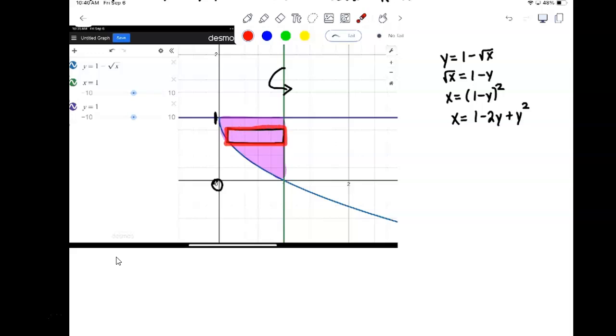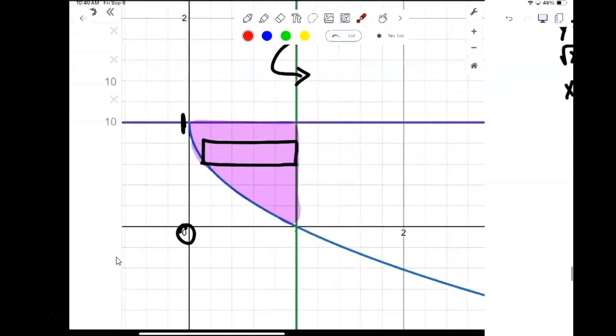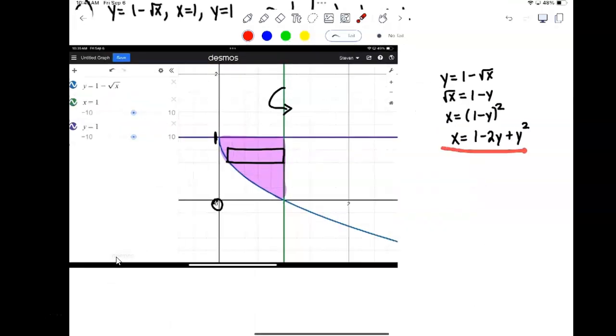Because it's just this radial length, the distance between x equals 1 and the graph, that would just be the difference between 1 and whatever our x value is. That would give us our radius. Now we know x is given by this. So the radius is just going to be 1 minus x.